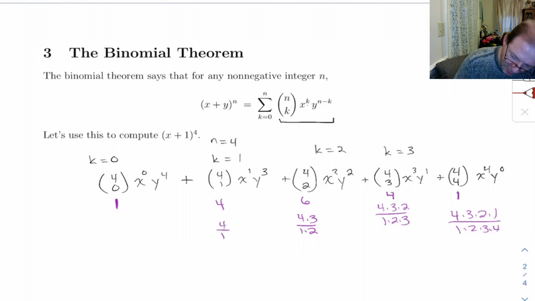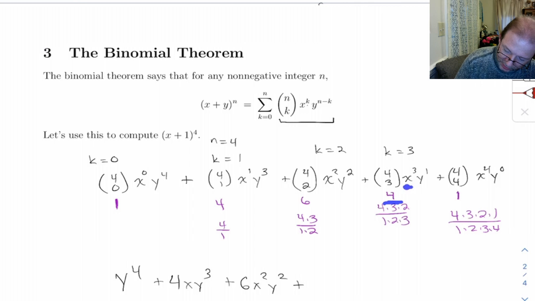All right, so let's rewrite this. This first term is 1 times y to the fourth. The next term is 4xy cubed. The next one is 6x squared y squared.